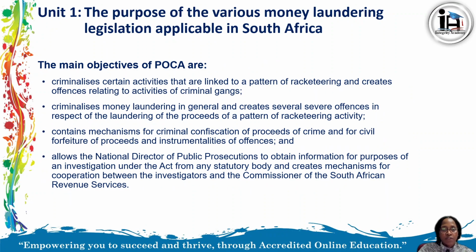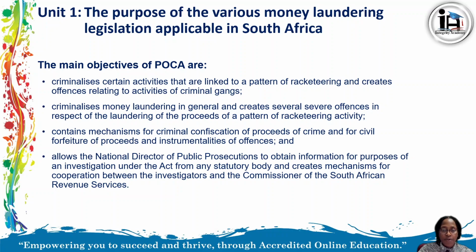The main objectives of POCA are: it criminalizes certain activities that are linked to a pattern of racketeering and creates offenses relating to activities of criminal gangs, criminalizes money laundering in general, and creates several severe offenses in respect of the laundering of the proceeds of a pattern of racketeering activity.